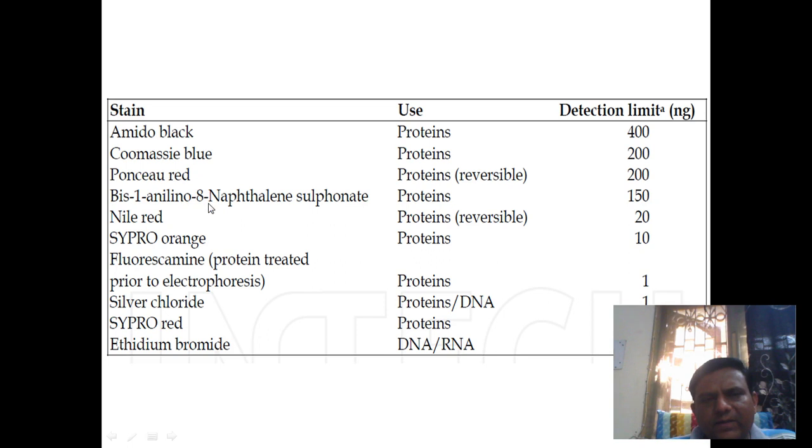These are the different stains we use for the visualization of protein molecules. Then there is silver stain and sypro red. Silver stain we can use for proteins as well as DNA also. And this ethidium bromide is a well-known fluorescent dye, and this dye we routinely use to visualize DNA and RNA, specifically during agarose gel electrophoresis.